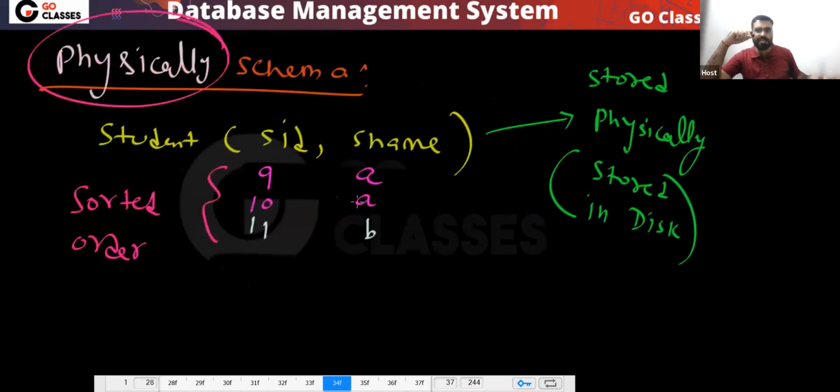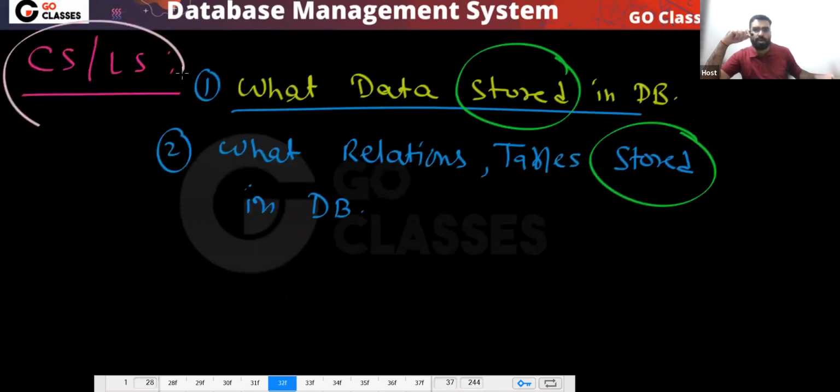Definitely some data structure must be used when you finally store the data, for example B tree or B plus tree, but that is not told by the conceptual schema.